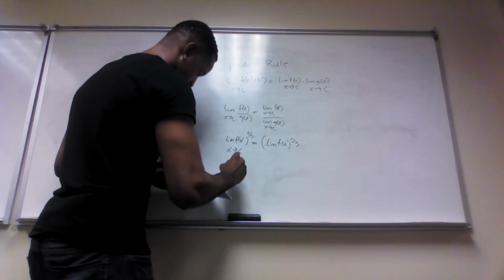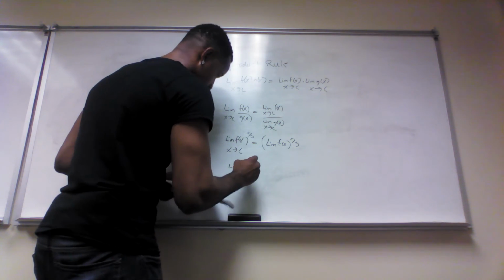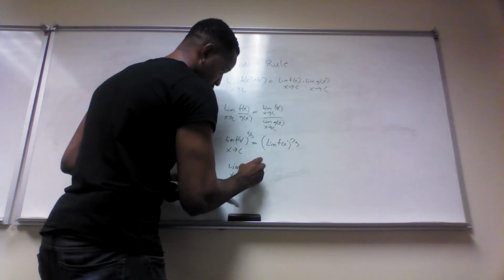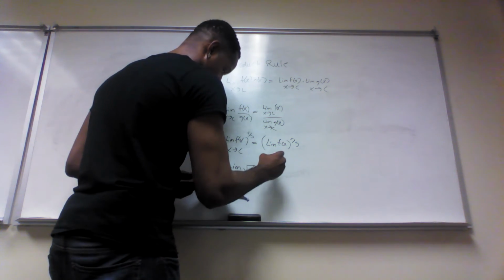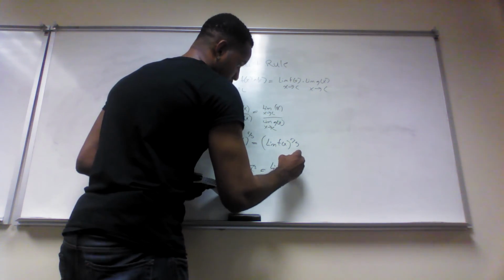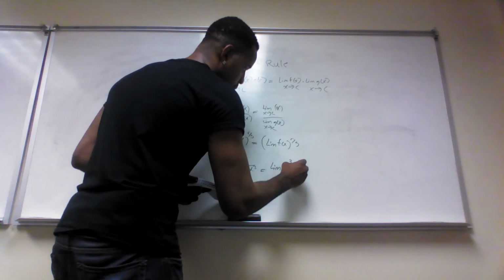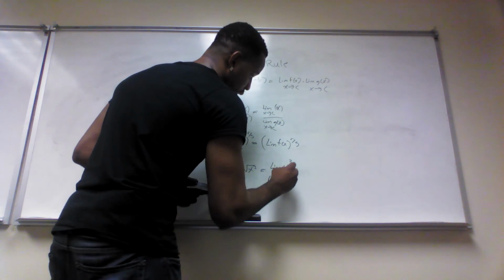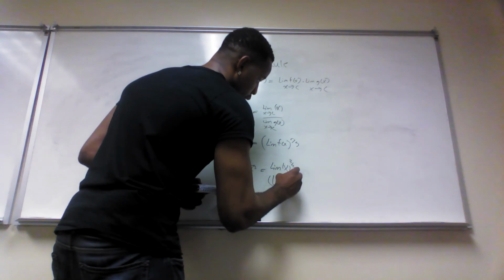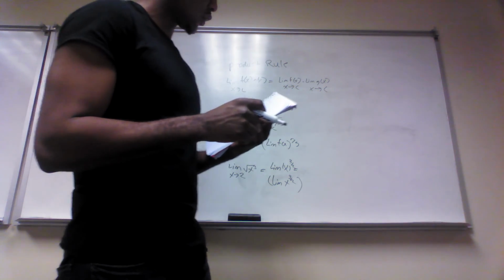Example would be the limit as x approaches 2 of x cubed is going to equal the limit of x as x approaches 2, inside the brackets, to the power 3 over 2. And these are all the rules for the limit.